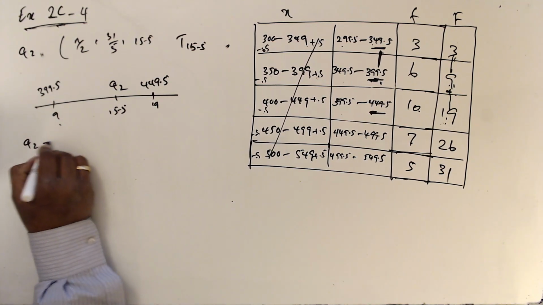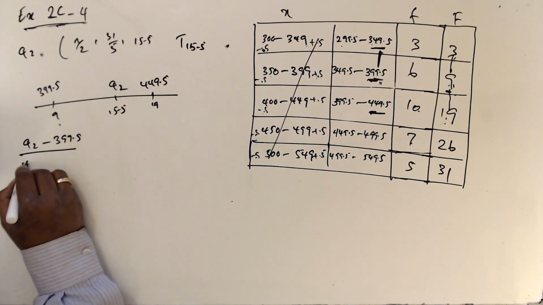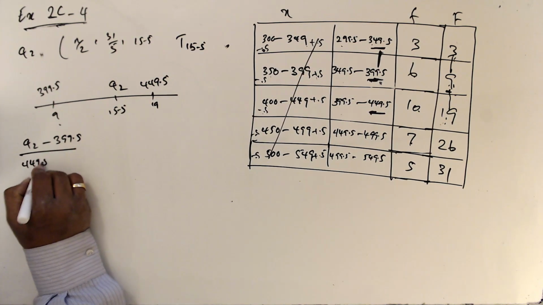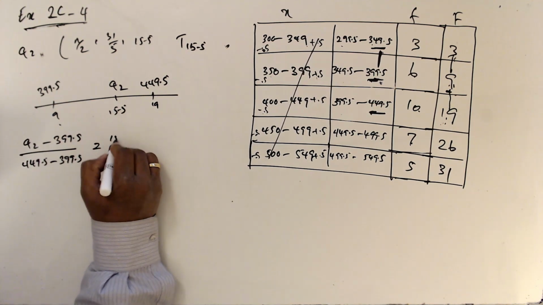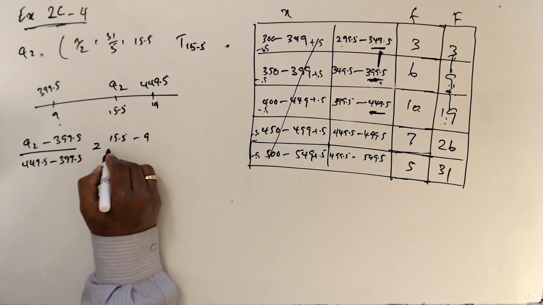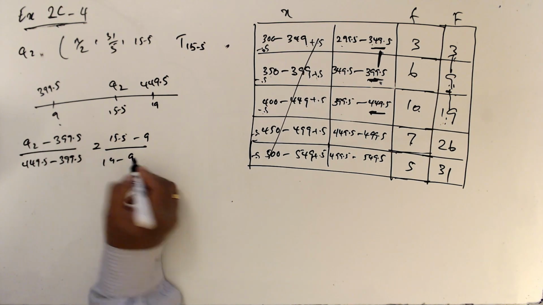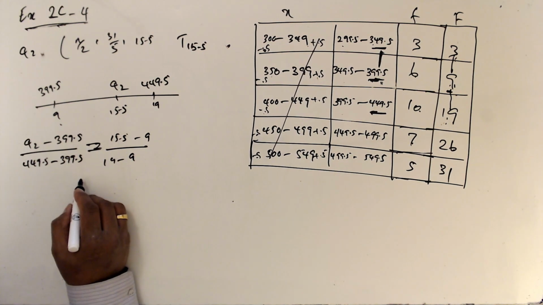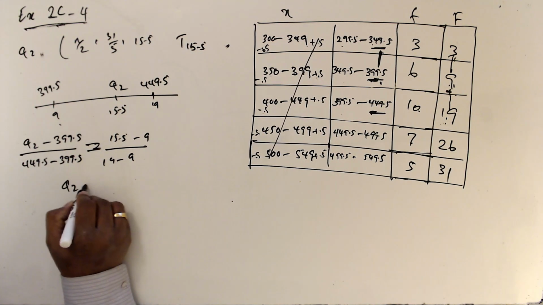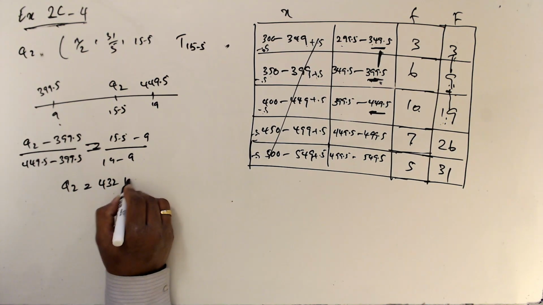So Q2 minus 399.5 over 449.5 minus 399.5 equals 15.5 minus 9 over 19 minus 9. When you simplify this, you will get Q2 as 432 kg.